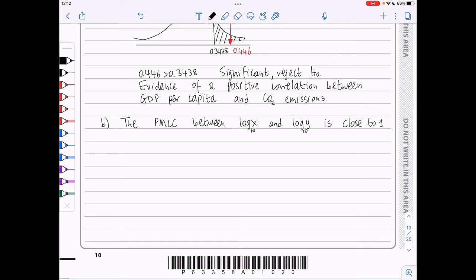Hence, there is a strong linear association between log x and log y, thus supporting Barbara's belief.